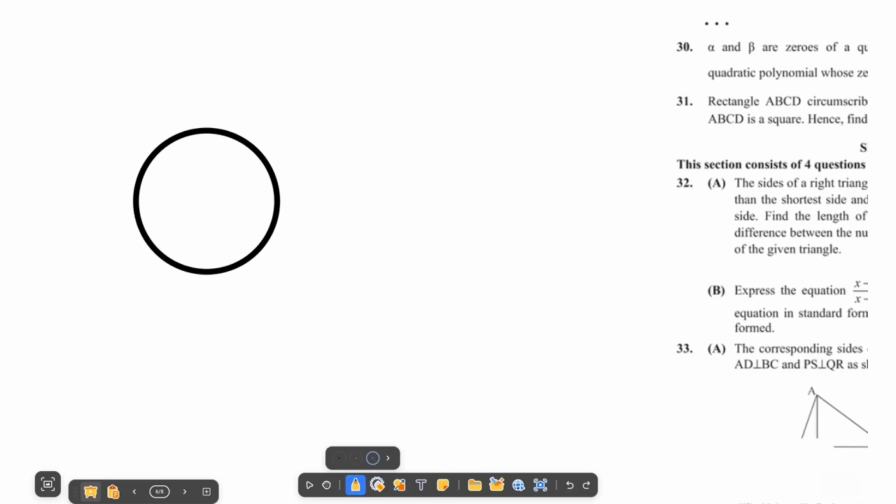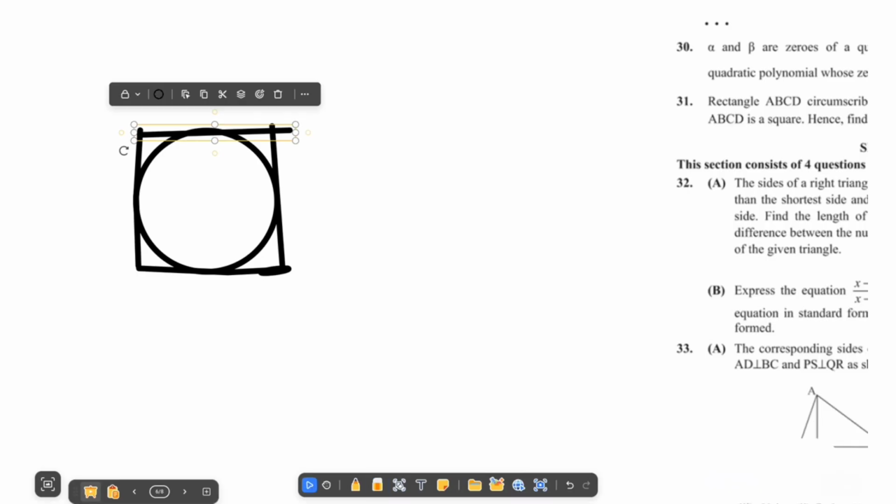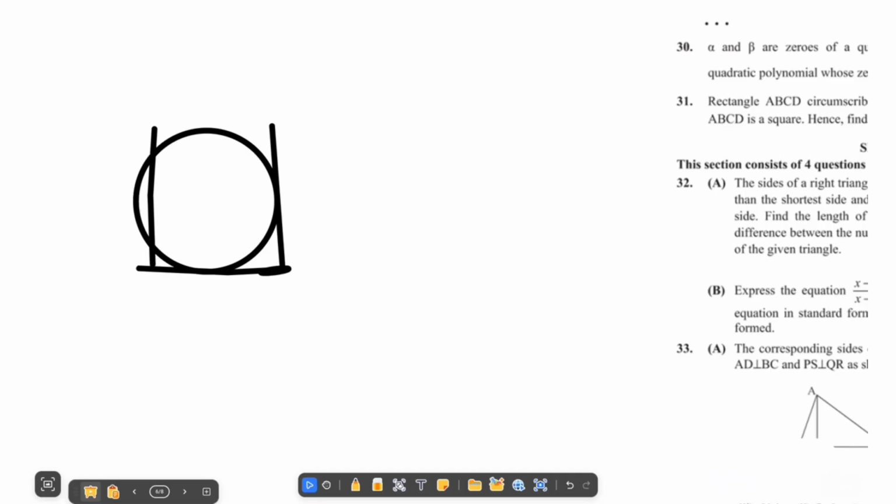A rectangle that circumscribes a circle. So here ABCD is a rectangle, so each angle will be 90 degrees, right?